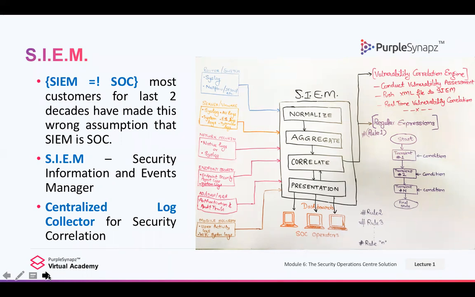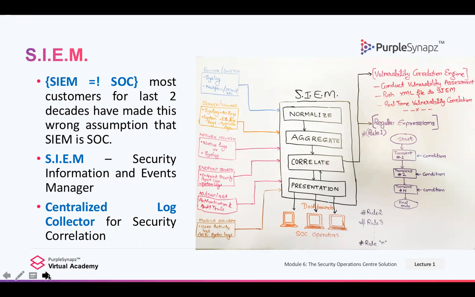Log collector means somebody is generating some log and it should be able to collect that log at the central place. And after collecting the log, what it should deliver is security correlation. It should be able to connect the dots and, after connecting the dots, deliver an insight. That's it. So these are 3 important things which you need to understand about SIEM.